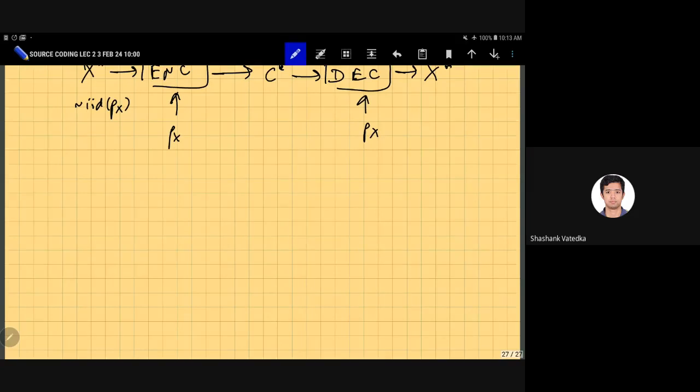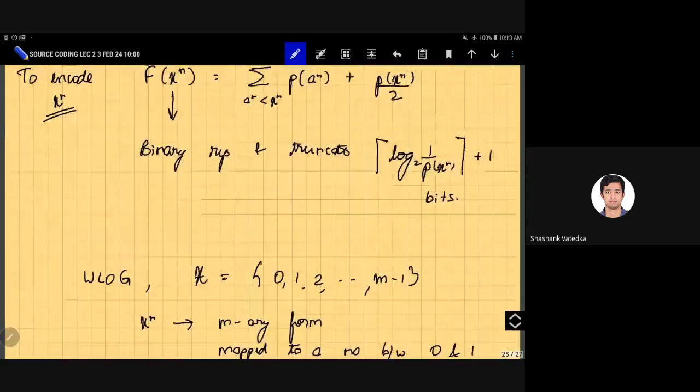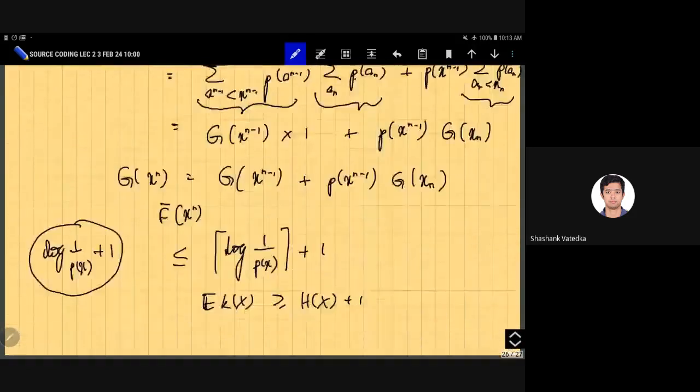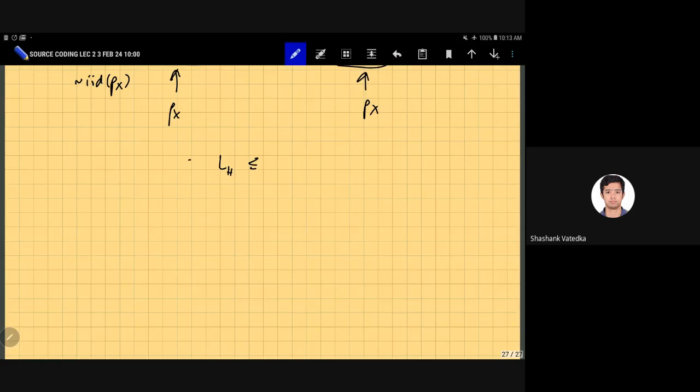So all of these, we've seen so far. These are valid for any kind of source, but for example, the expected length achieved by the Huffman code, as we know, is between n times H(X) and n times H(X) plus 1 bits, if you do symbol-wise encoding.